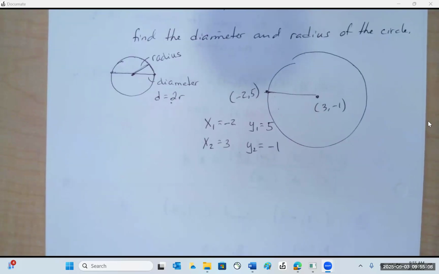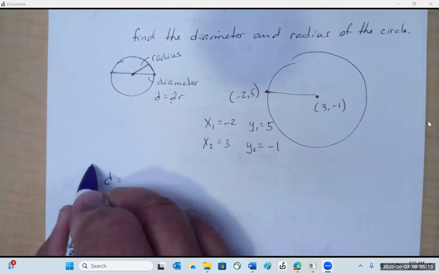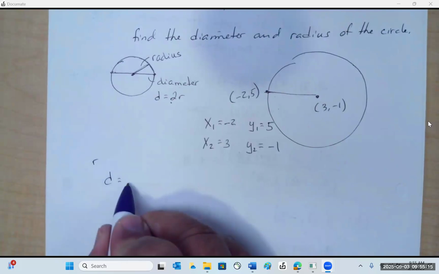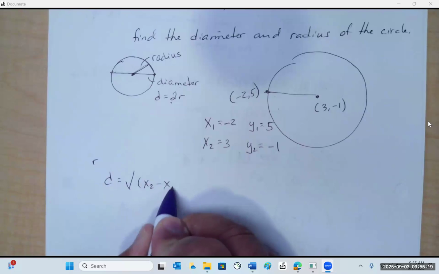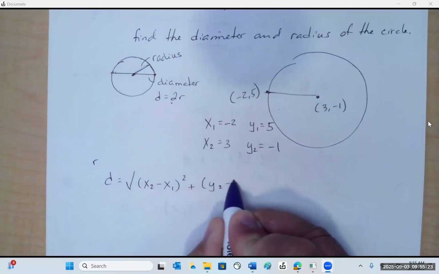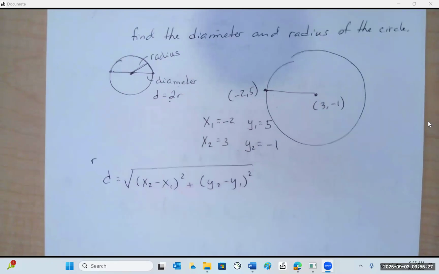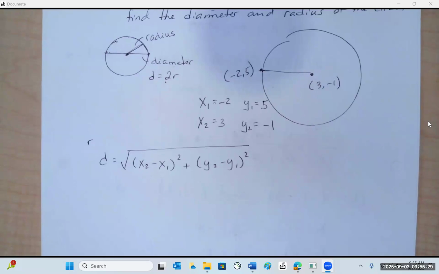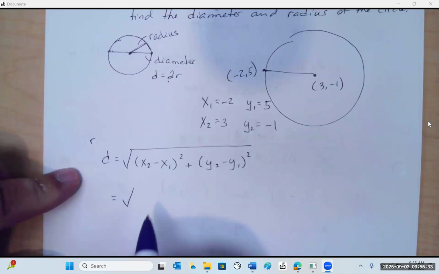That's why you have to be very careful with it. So the distance, which is now the radius, is the square root of x2 minus x1 squared plus y2 minus y1 squared. And plug them in there.